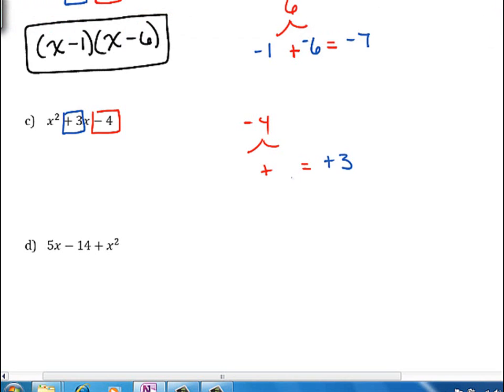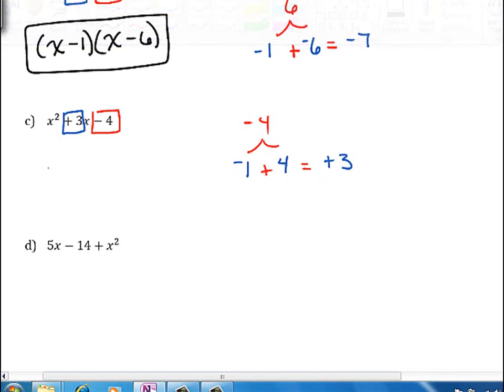We can't use two 2's to get 3 though, so I need to use the 1 and the 4. And I want this 3 to be positive, so we need a positive 4 and a negative 1. So negative 1 times positive 4 gives me the negative 4 that I need, and when I add them, negative 1 plus 4 gives me the positive 3 that I need.